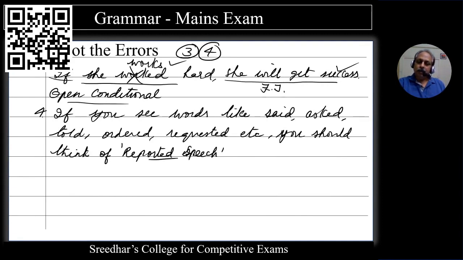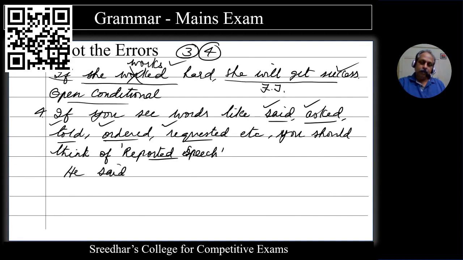Said goes with statements, asked goes with questions, told and ordered go with commands, and requested goes with requests. In indirect speech, if you see all these words, you should think of reported speech.